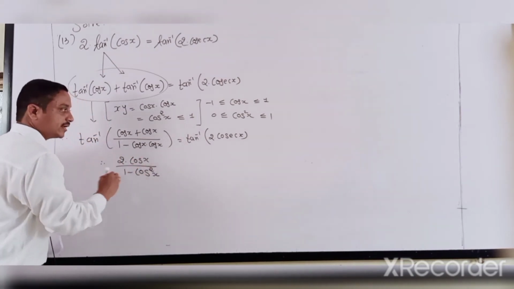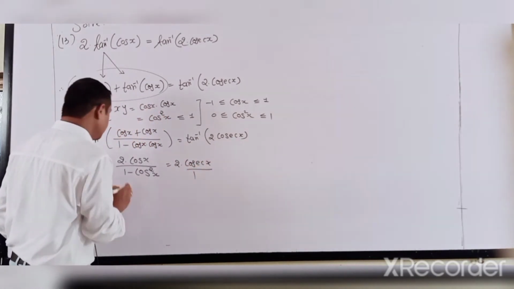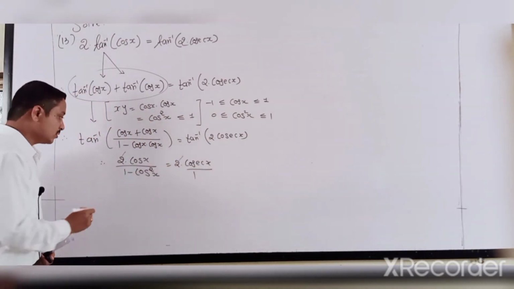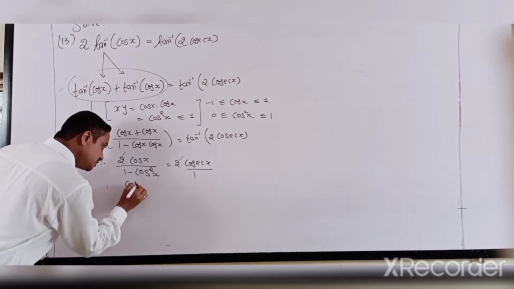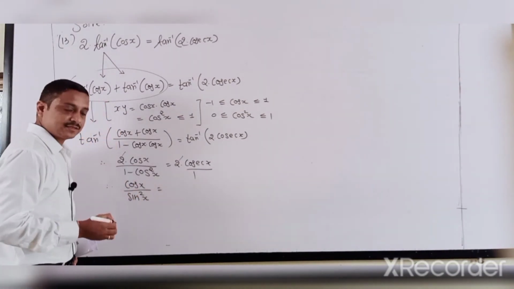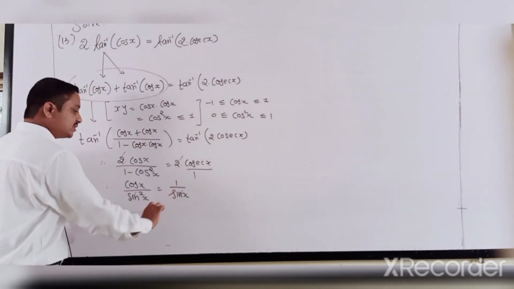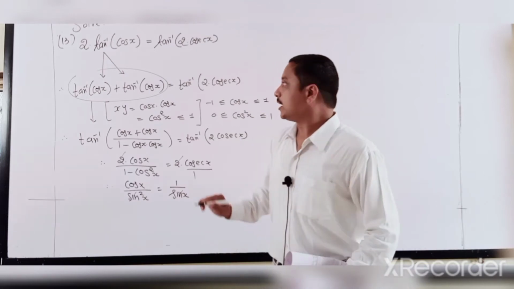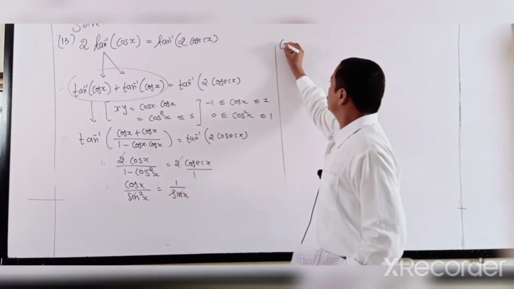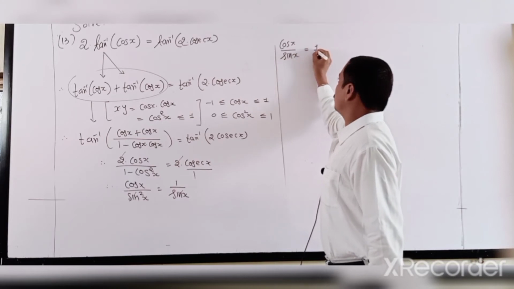1 minus cos square x. Here same, 2 cos x. Students, 2 and 2 gone. Finally, you know here 1 minus cos square is equal to sin square x, and here cosec x is 1 by sin. 1 sin and 1 sin gone. Only I have cos by sin is equal to 1.